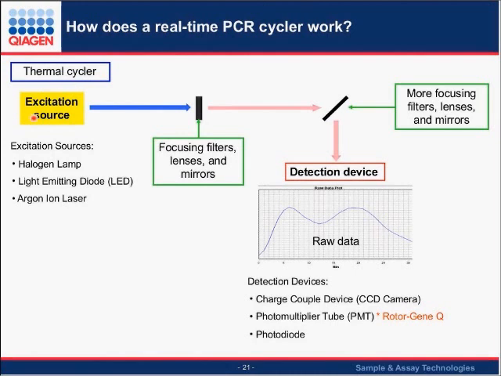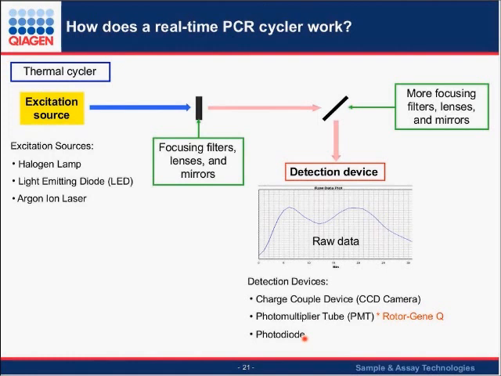So there's an excitation source. The molecule is excited with some kind of light at some particular wavelength. The excitation source can be a halogen lamp, it can be an LED, it can be an argon laser. This light then goes through focusing filters, lenses, and mirrors that lead it to the detection device, and the detection device can be something like a CCD camera, a photomultiplier tube, which is what the Rotor-Gene has, or a photodiode.